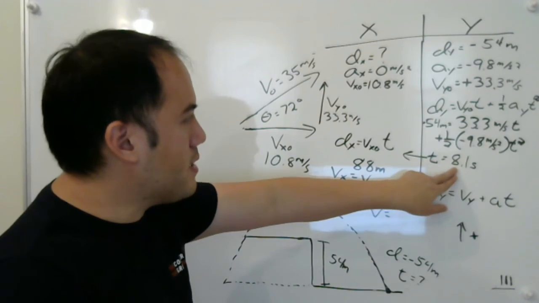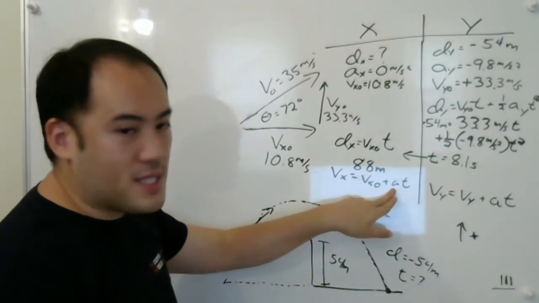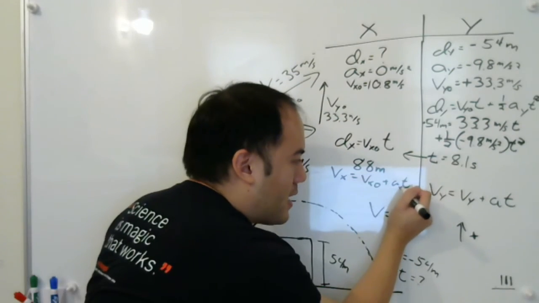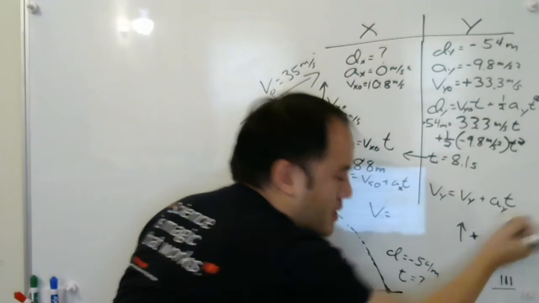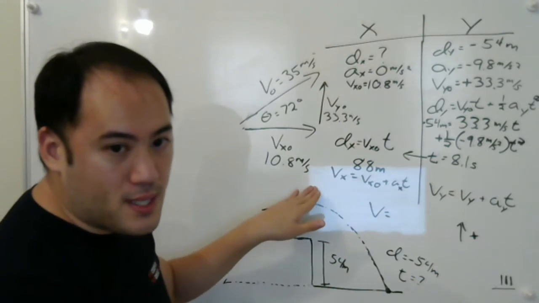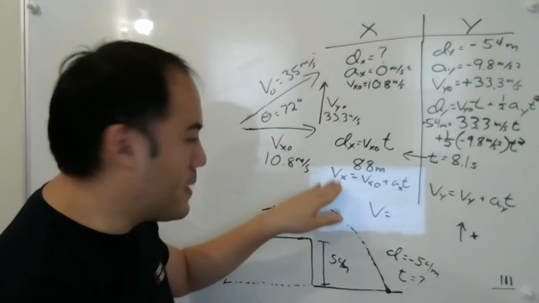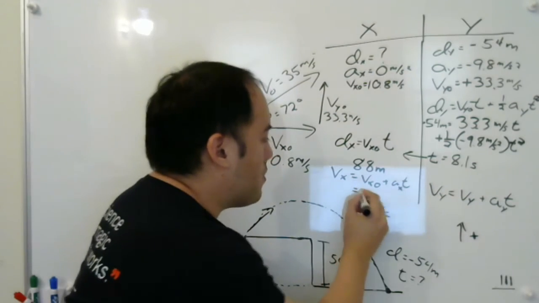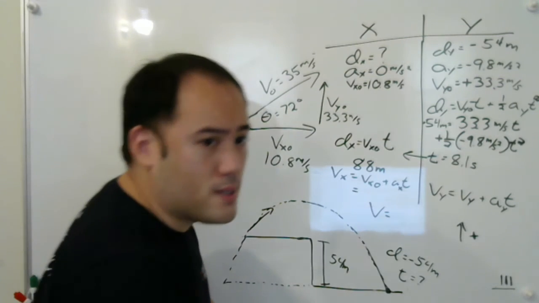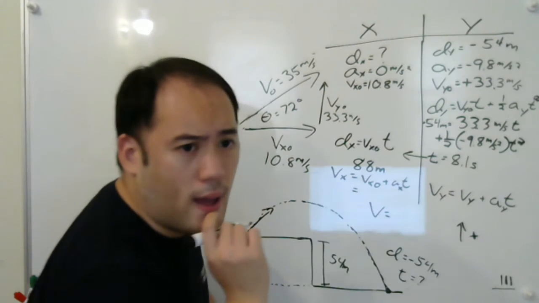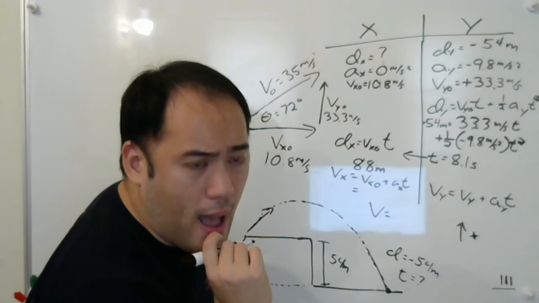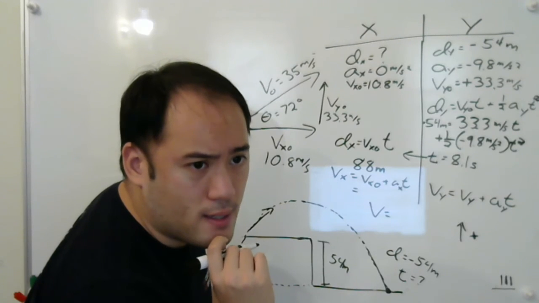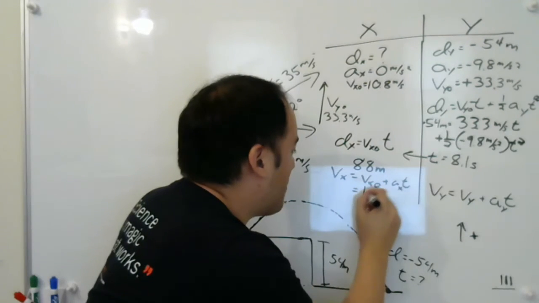So plug in t, plug in the a's. Obviously use ax on this side and ay on this side. I made that mistake on purpose to trick you guys, to check if you were paying attention. Everything x's, everything y's. If you do the math, vx comes out to, oh, vx is 10.8 meters per second.